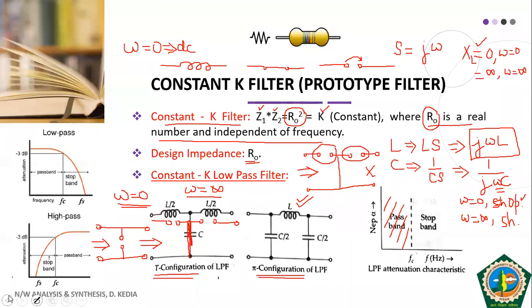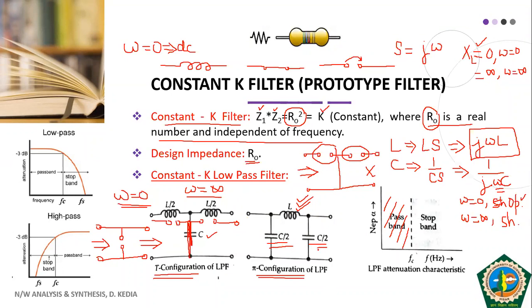If we go back, you see here we have L by 2 and L by 2 in series. So if you sum them in series, L by 2 plus L by 2, it becomes L. And here we had only one capacitor, that's why it is C. And here this is only single L, that is L. And when capacitors are in parallel, these are being added.